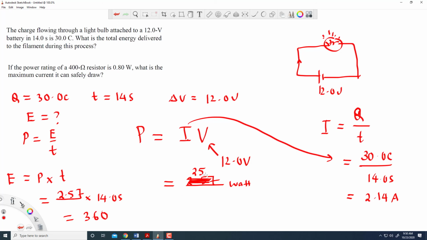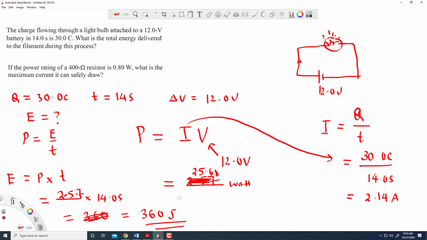Not exactly 25, but 12 times 2.14, yeah, 25.68. And then you get the answer. So that's about 360 joules.